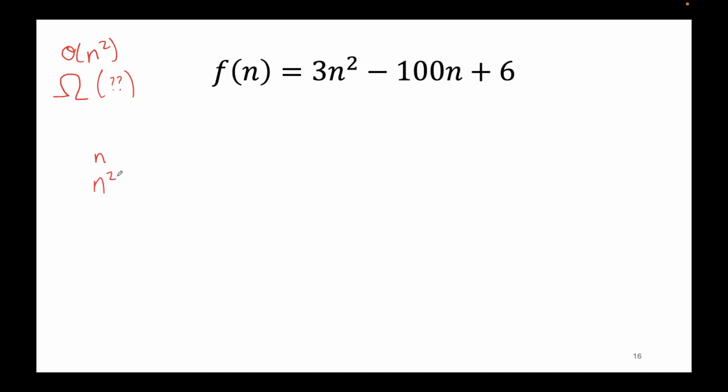There's a certain point along the x-axis where everything to the right that our property, upper or lower, is going to hold. Yeah, so in that case the constant would just be 1. And the n naught is just wherever it crosses. That may be the easiest way to start thinking about it. But C and the n naught can be whatever we want it to be.